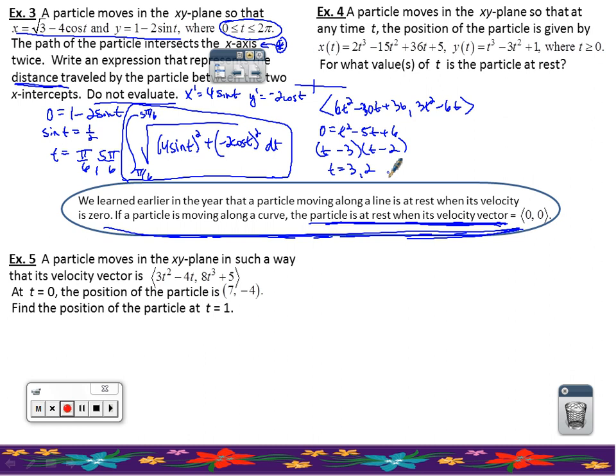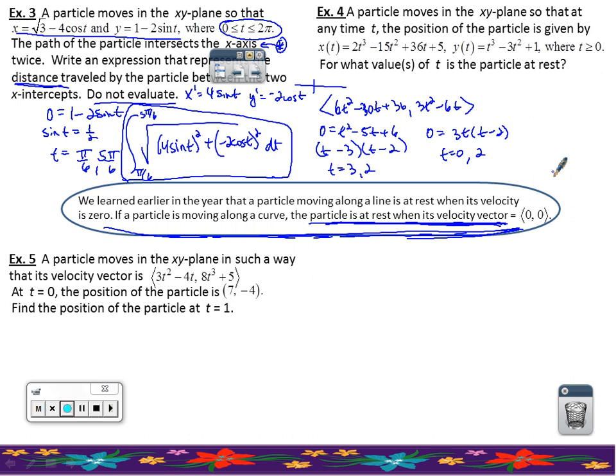In other words, it's not moving horizontally when t is 3 or t is 2. So let's find out about our vertical component, and let's set it equal to 0. We'll factor that. So we have t is 0 or 2.